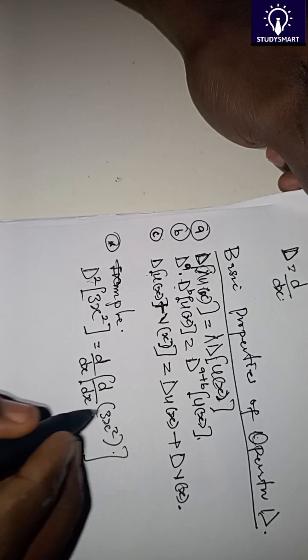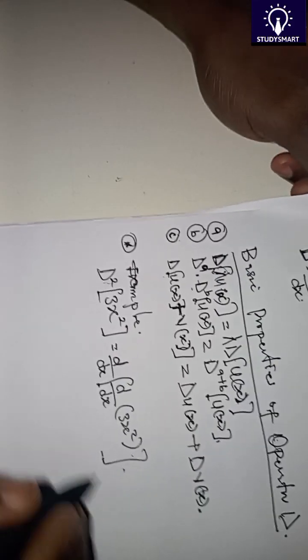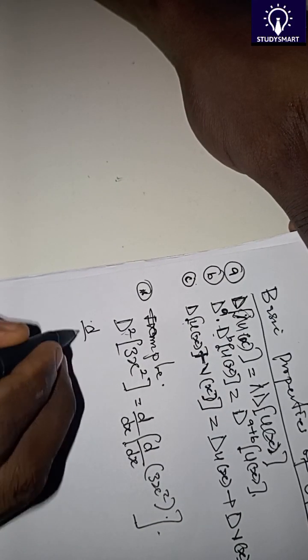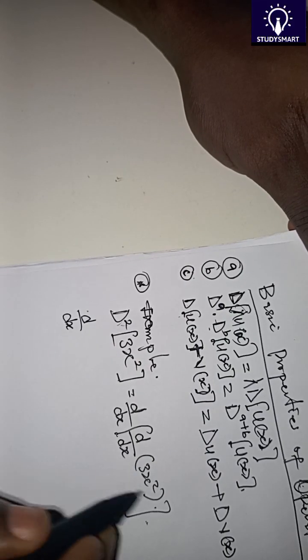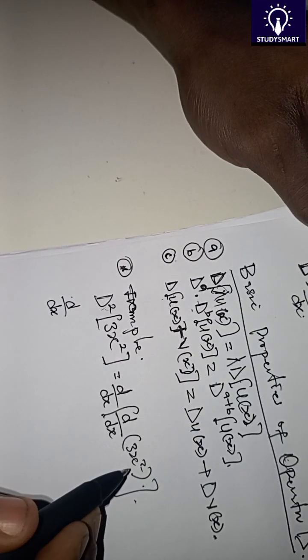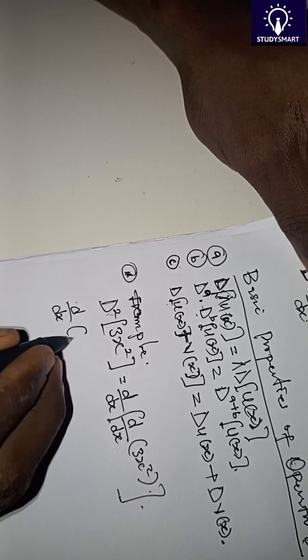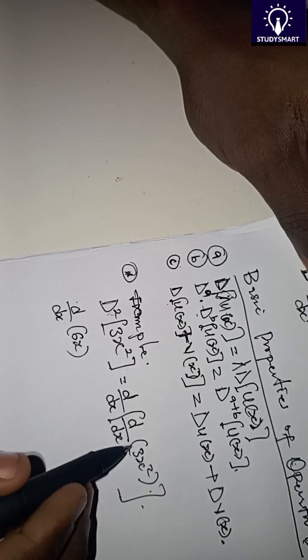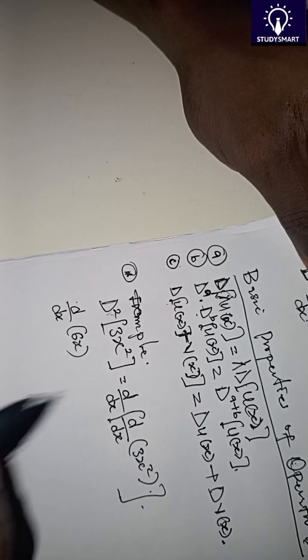Right, so if I differentiate the inner one first, I'm going to have d over dx. So if I differentiate 3x to power 2, I'm going to have 6x. Right, so this here will give me 6x because these two will have to come down, reduce by 1, and multiply the expression.